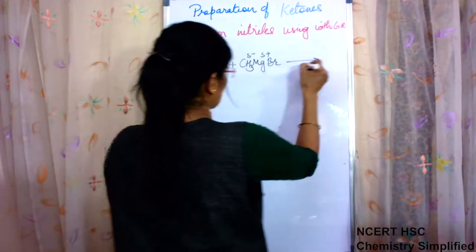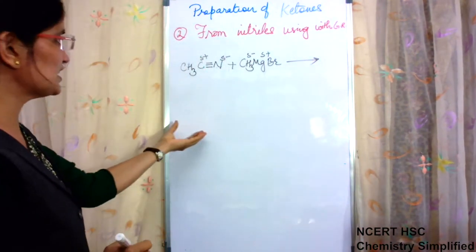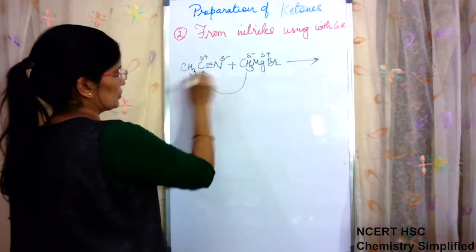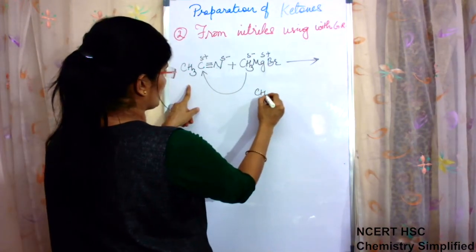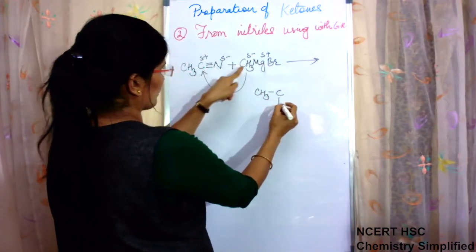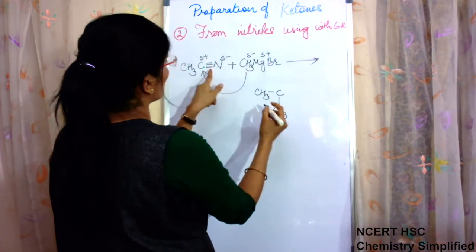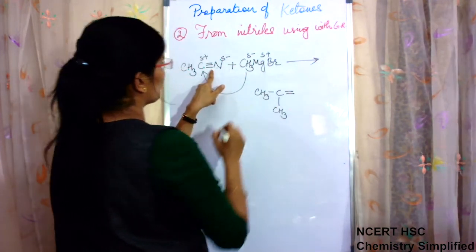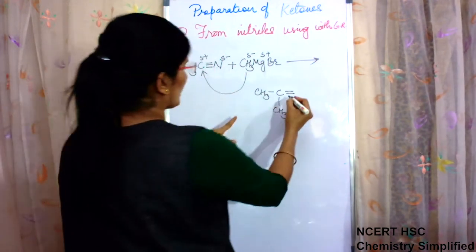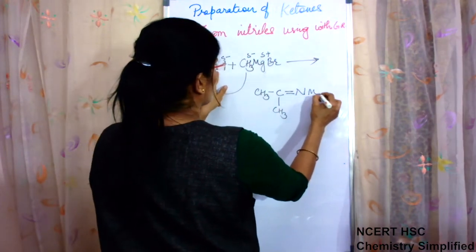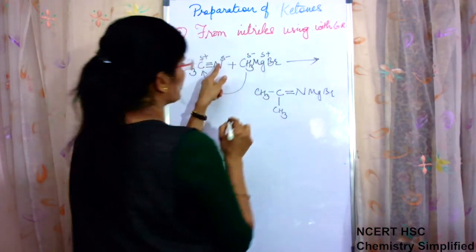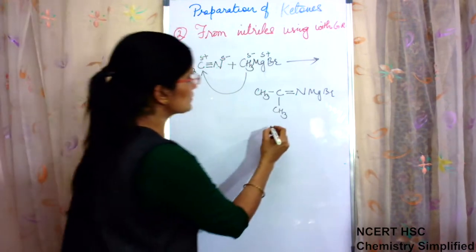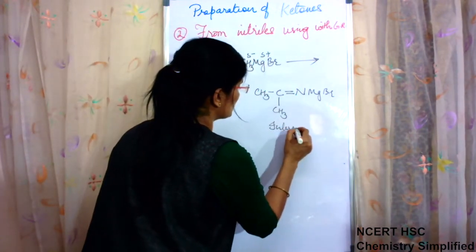So it makes the product easier. So CH3 will go here. It will be CH3 C bonded with CH3. Double bond will now be present here instead of triple, and N was here already. MgBr, the positive part, will go to the negative. This will be an intermediate.